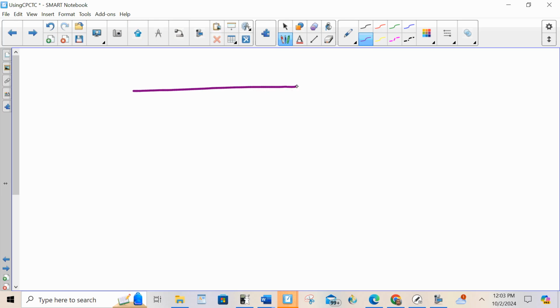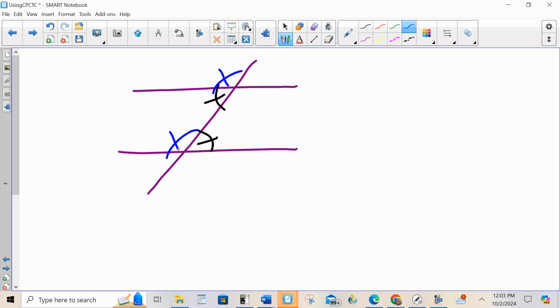I know that if I have parallel lines cut by a transversal, I can state that the alternate interior angles are congruent. I can state that the corresponding angles are congruent. I can state that the alternate exterior angles are congruent.